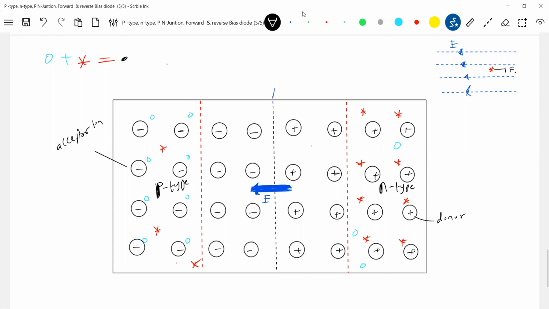Towards right, Fe. And if any hole is present, in what direction will the hole experience force? Towards left. Any reason? Because only the positive charge will experience force in the direction of the field. Go back to electrostatics: the electron, being the negative charge, will experience force opposite to the electric field.